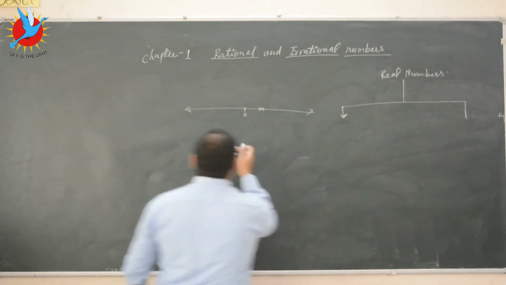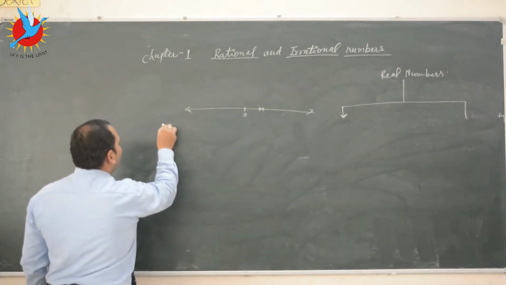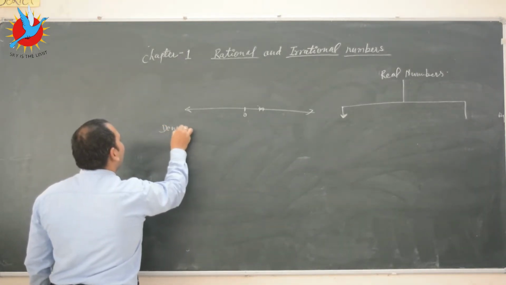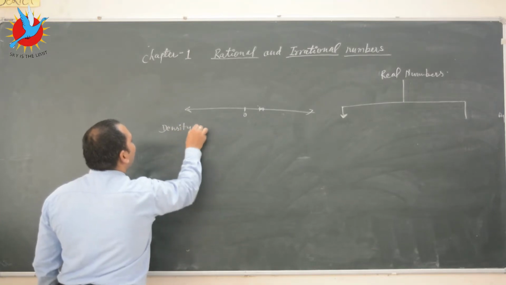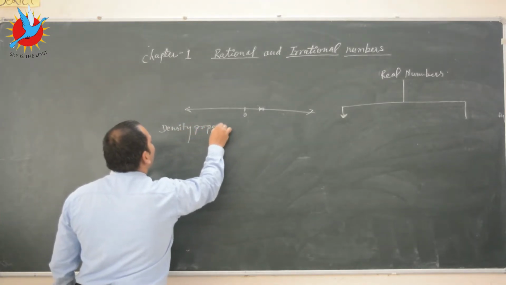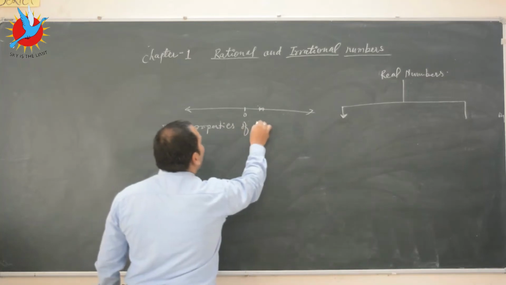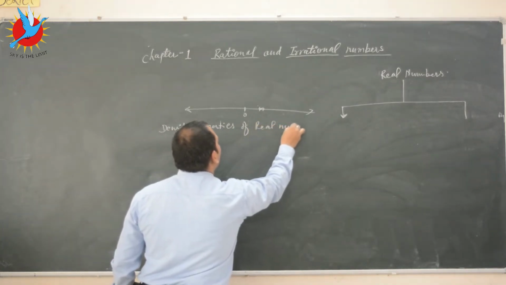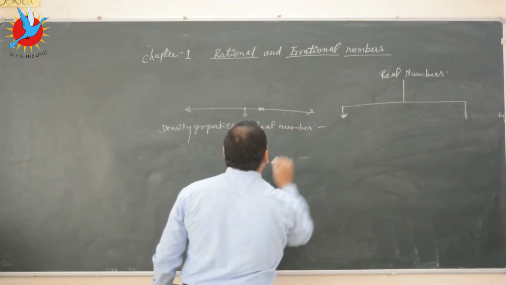And they gave the density property of real numbers. What is the density property?